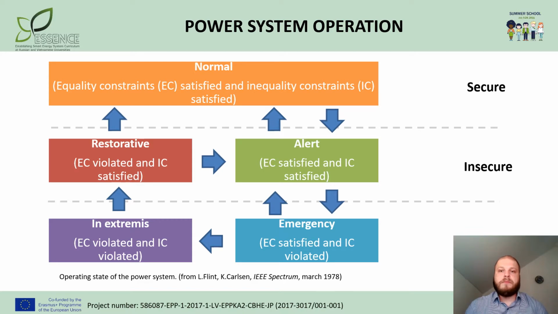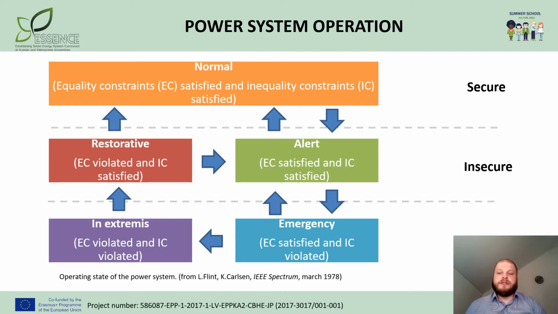If a sufficiently severe disturbance takes place before such preventive action can be taken, the system enters the emergency state. Here, inequality constraints are violated and system security is breached, since the security level would be below zero and practically non-existent. The system, however, would still be intact, and emergency control action could be initiated in order to restore the system to at least the alert state.